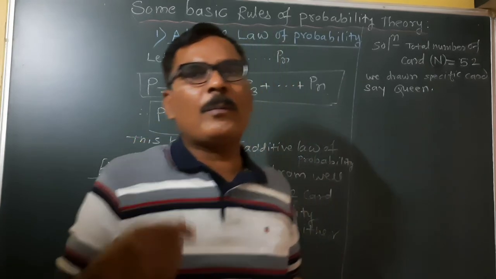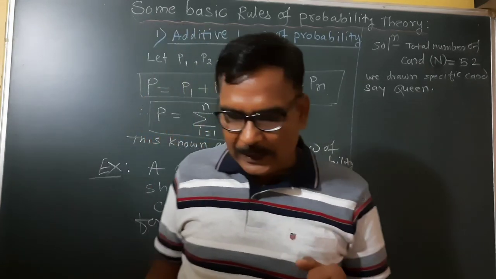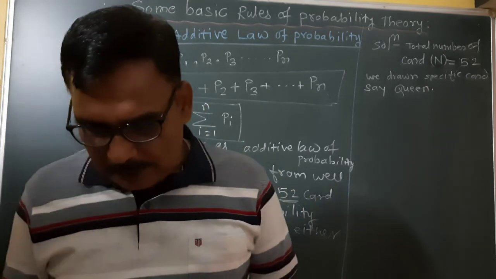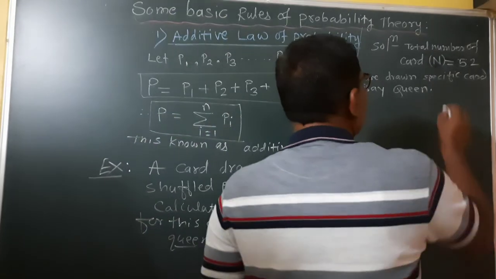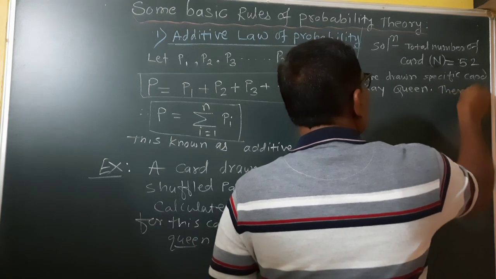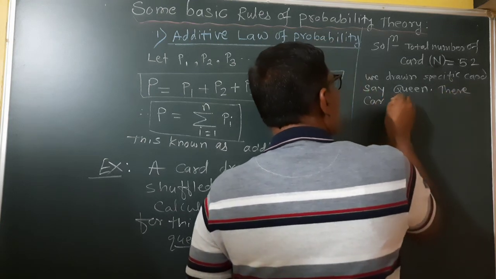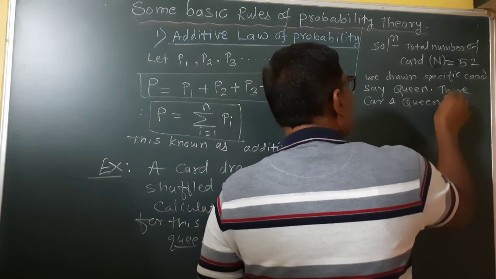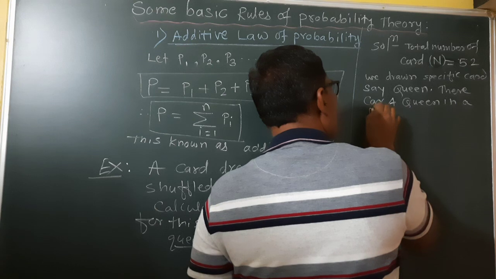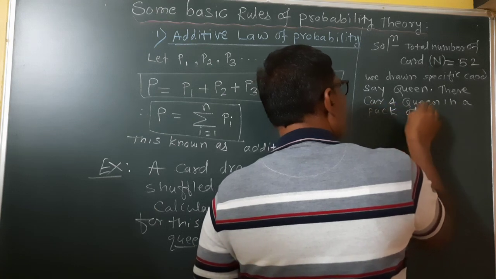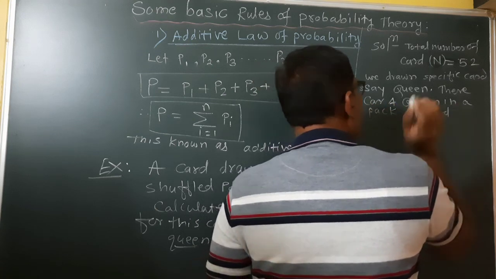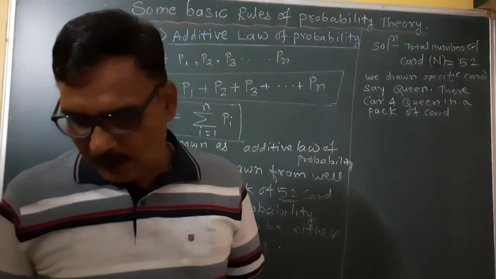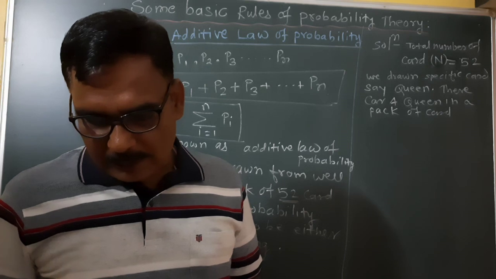What is the probability of drawing a card of a queen? There are 4 queens in a pack of cards.